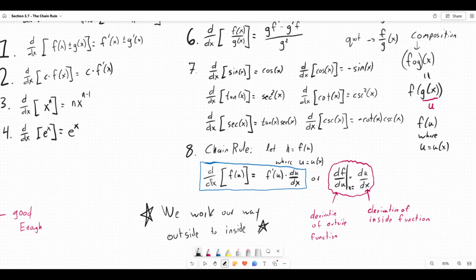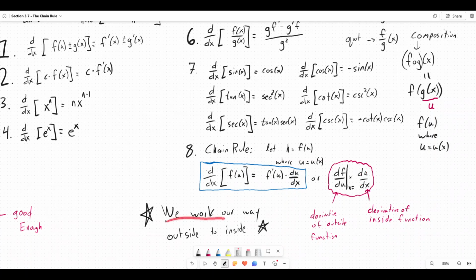The derivative with respect to x of some function of u is the derivative of f, leaving u normal, and then we multiply by the derivative of u with respect to x. The derivative of the outside function, df du, times the derivative of the inside function, du dx.